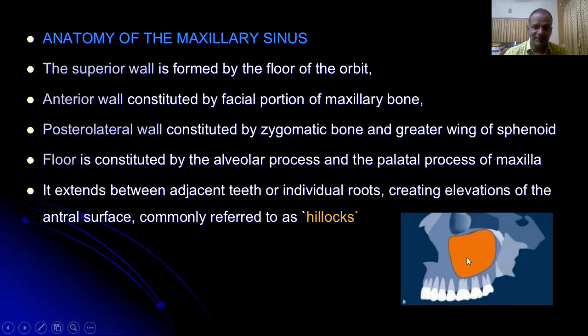The size of the maxillary sinus is usually insignificant before the eruption of the permanent teeth, and it gradually increases with age, and especially after the loss of teeth, which is known as maxillary sinus pneumatization.